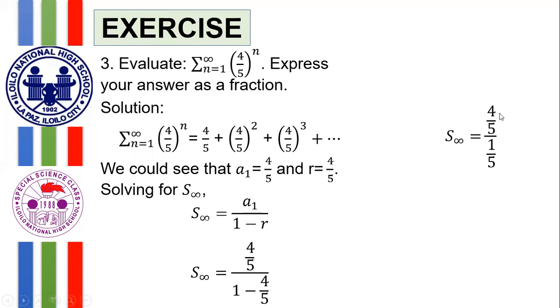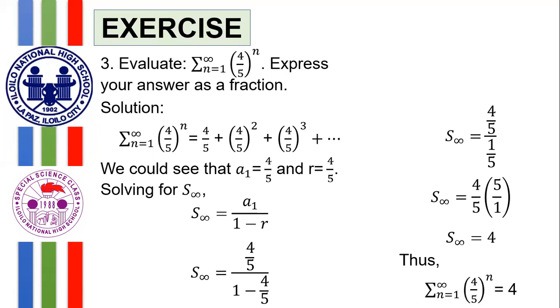That's why it becomes 4/5 all over 1/5. This is equal to 4/5 times 5 over 1. 5 divided by 5 becomes 1. And your final answer here is 4. Hence, the summation of the quantity 4/5 raised to n as n goes from 1 to infinity is 4.